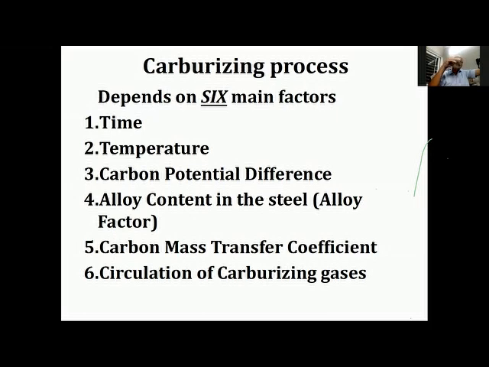Next one is temperature. Here, it has got a totally different relationship with the depth of diffusion. That is, the depth of diffusion is proportional to the fourth power of absolute temperature.